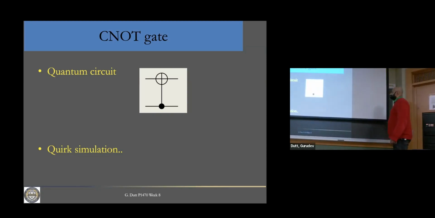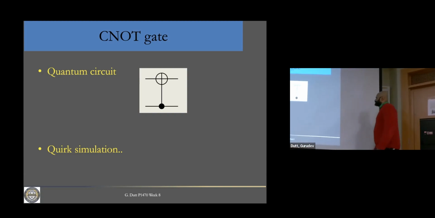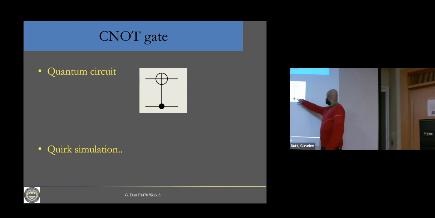It's important to know the circuit symbol for this. This is so commonly used that we have to understand and know this at all times. So when we put this black dot over here, it means that this is a control qubit that affects the operation on this one. Remember, because the left qubit was working as the control qubit, it's the one on the bottom, right?